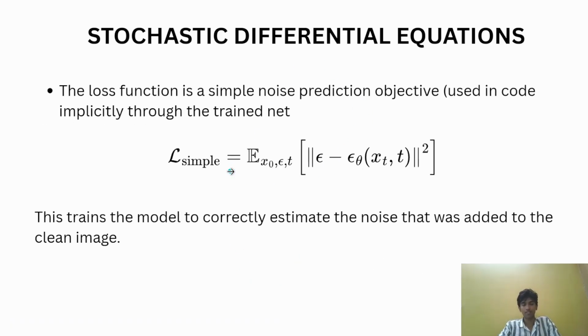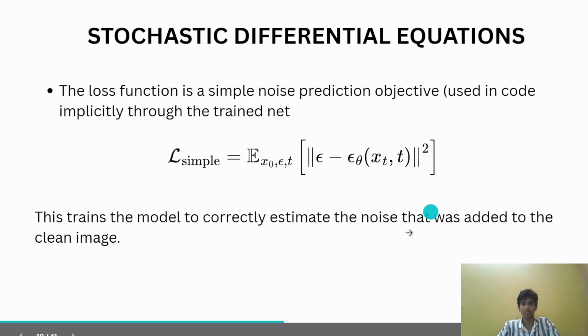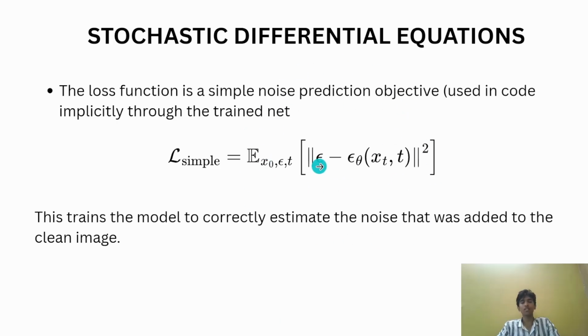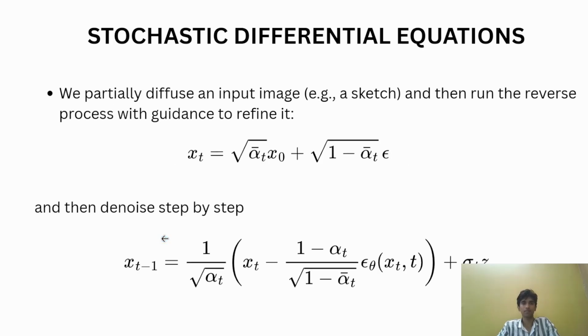We obviously have a loss function in this, which indicates whether or not our output matches a realistic image. It's given by this term, and this term trains the model to correctly estimate the noise that was added to the clean image in the neural network.